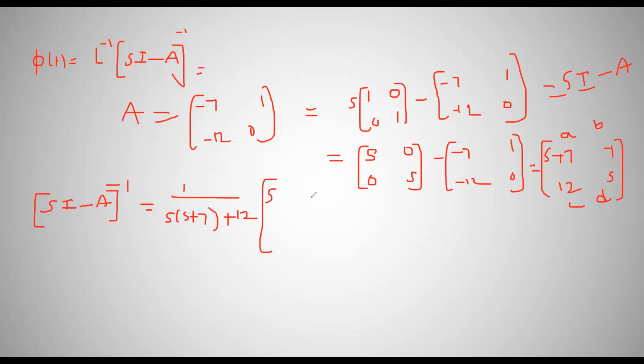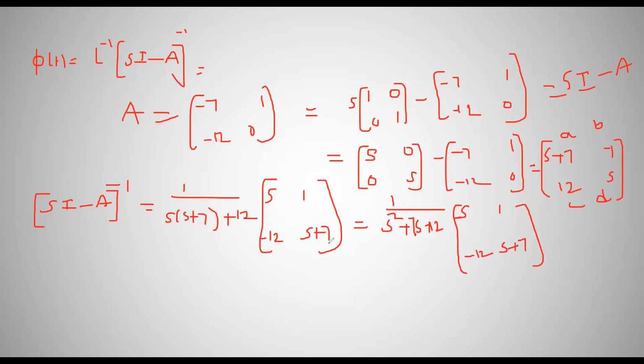So D, minus B, minus into minus 1, minus C minus 12, and S plus 7. Then this is 1 by S into S, S square plus 7S plus 12 into minus 1, minus 12 and S plus 7.